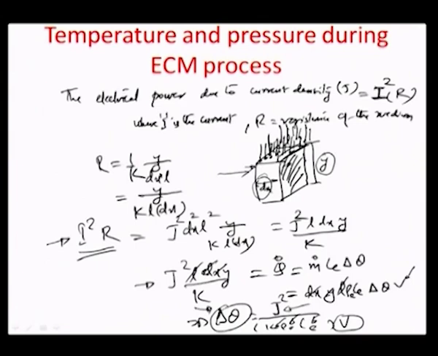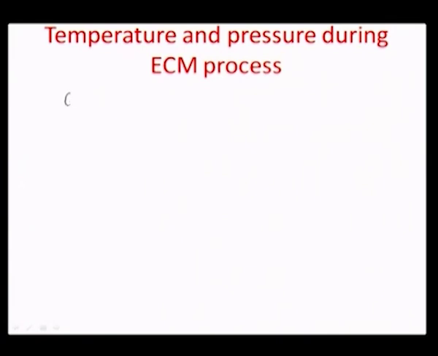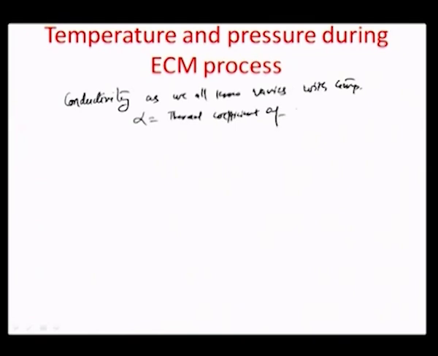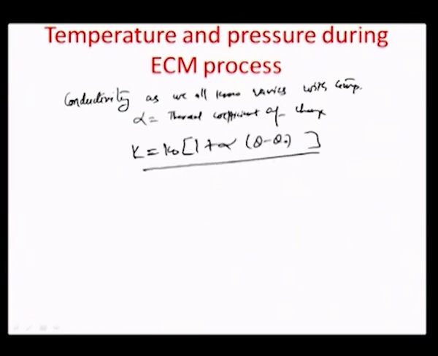Therefore, the conductivity, as we all know, varies with temperature, just like any other resistivity or conductivity term, and this is varying according to a thermal coefficient of change alpha, such that k is k0 times (1 plus alpha times (theta minus theta naught)).